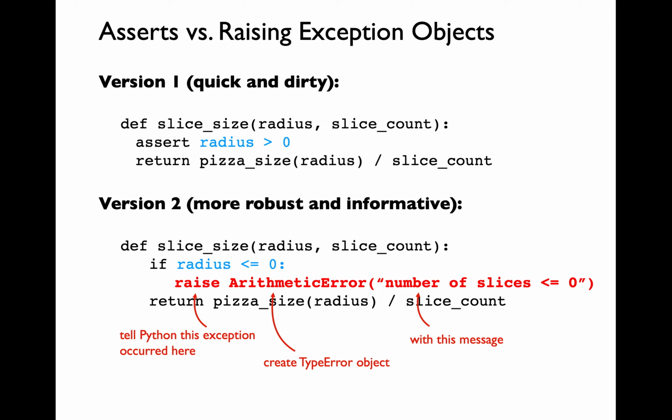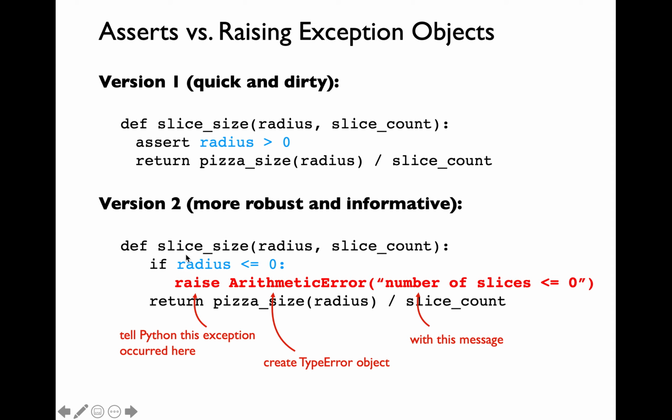Let me give you an example with respect to the pizza program here. So I'm having a version 1 here where I have an assert statement which is asserting radius is greater than 0. Instead of doing that, I could have an if condition saying if radius is less than or equal to 0, which is negative pizza, then I want to raise a specific type of exception instead of just having this assert statement create an assertion exception.